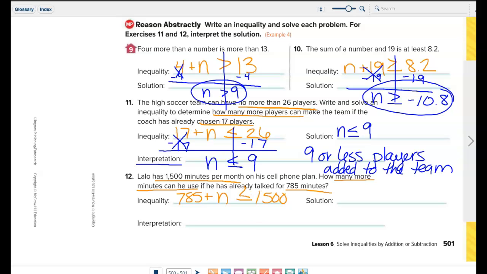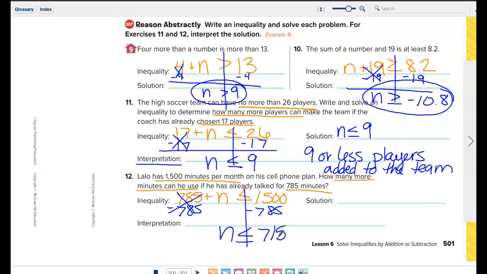To solve this, we always work on the side that has our variable. We have a positive 785, so we're going to subtract it to make a 0 pair. That makes a 0 pair. I have n is less than or equal to, when I type it in my calculator, 715. So my answer is n is less than or equal to 715.